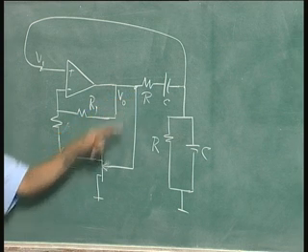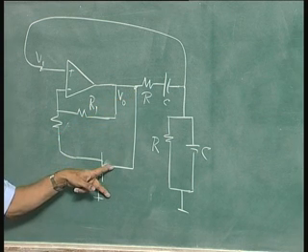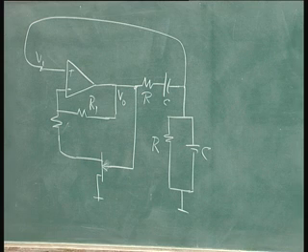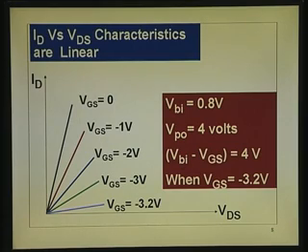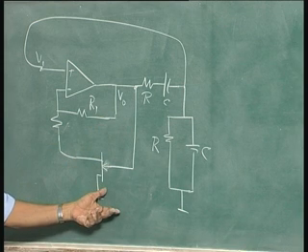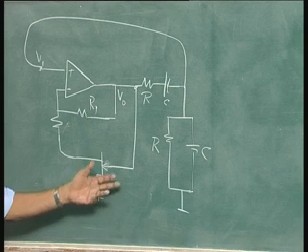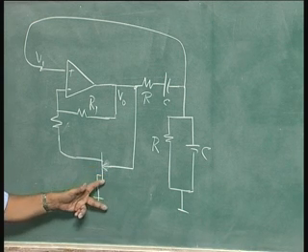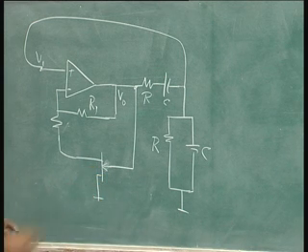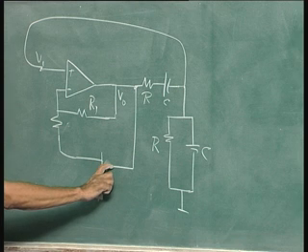VGS goes up, so you shift from one curve to another curve. You can connect it such that it gets reverse biased or forward biased. You can get the output negative, and it will be reverse biased. It can be a JFET or a MESFET, and you can adjust the gate voltage.